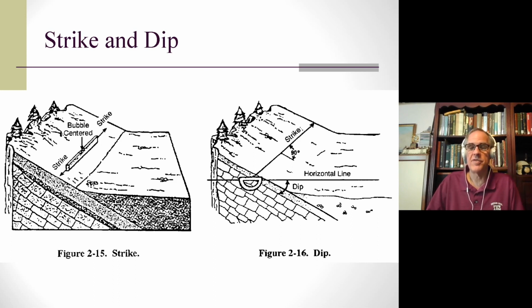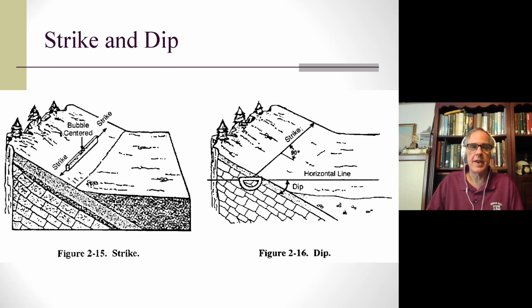If it's very flat, it's close to it, but it's still not really two-dimensional. It's all three-dimensional, and we're just trying to represent it. One way to represent how bedding planes and rock formations vary in elevation is the thing called strike and dip.